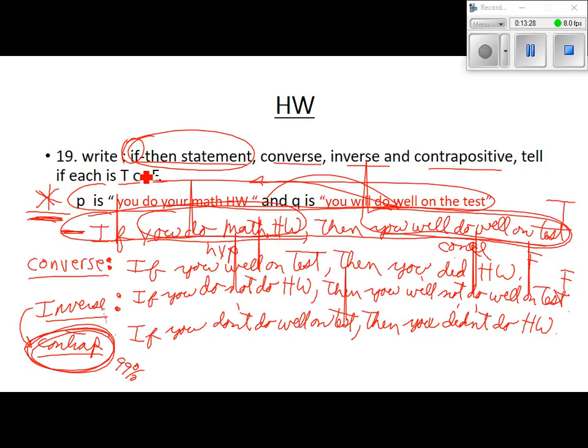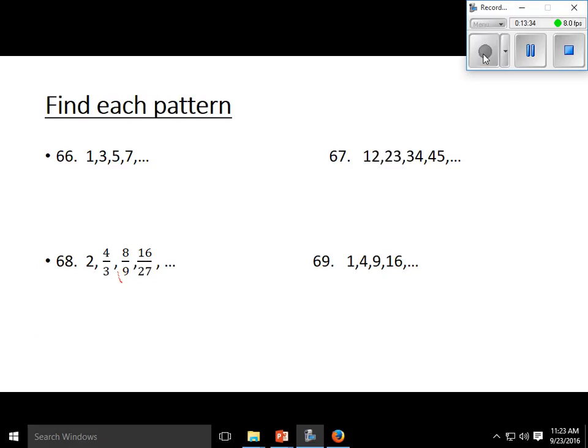They didn't even do 23. I was trying to look for one that had more geometry stuff. So let's do 66 through 69 on there. What did they ask you to do on 66 through 69?